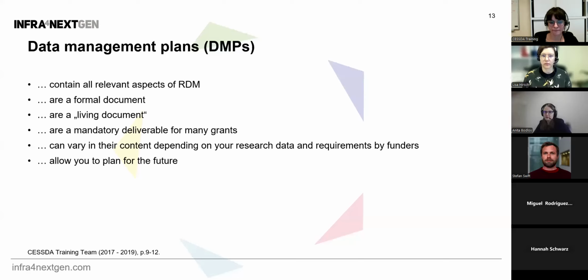A research data management plan also allows you to plan for the future. Data management plans can really guide you through your project and allow you to follow the individual steps that you have set up during your project and also beyond. For instance, if you work with personal data, it's also important to delete data that is not necessary anymore.